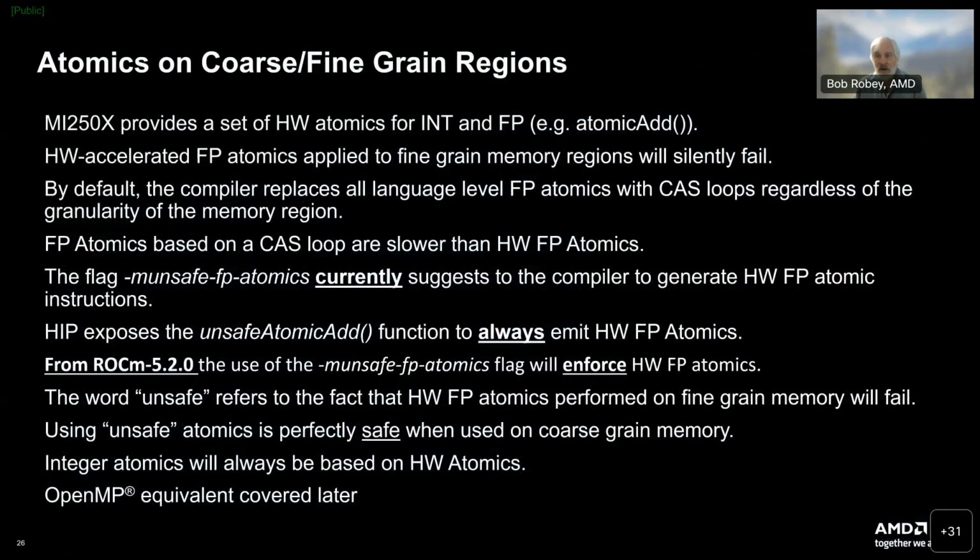There are a lot of hardware atomics for integers, and single and double precision floating point types. And if you use those hardware accelerated versions on fine grain memory, they will silently fail. So you want to have coarse grain memory if you're using hardware accelerated atomics.